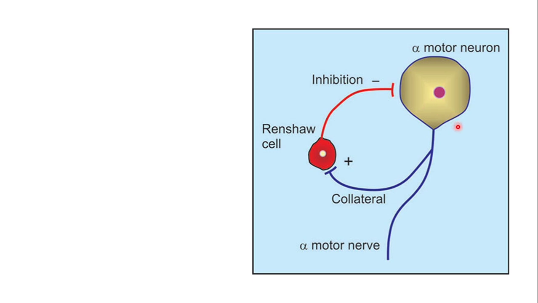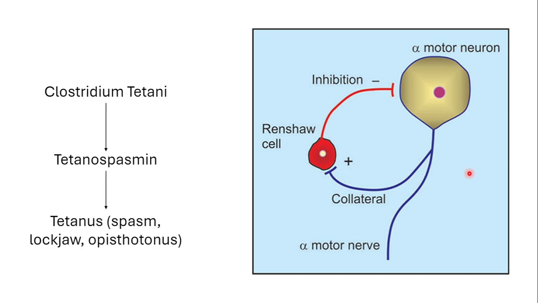So there's a bacteria called Clostridium tetani. It releases a neurotoxin called tetanospasmin, and this tetanospasmin ends up damaging the Renshaw cell. So when it damages the Renshaw cell, the motor neurons lose the inhibition feedback mechanism, and they end up firing excessively and causing spasms and causing a condition called tetanus, which can present with spasms, a lockjaw or risus sardonicus, and opisthotonus, or the excessive arching of the back, such as here.